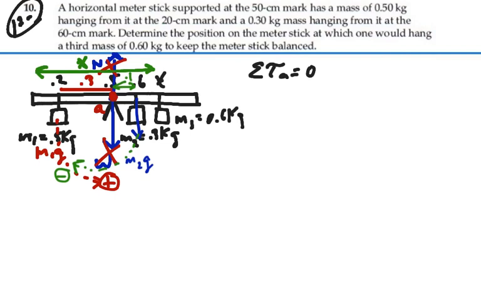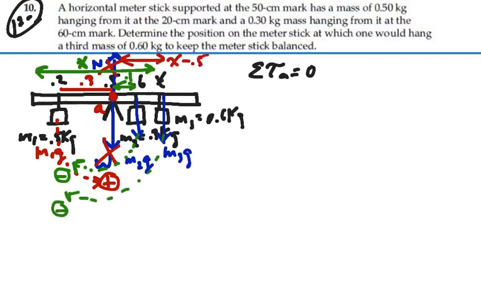And then we have this third torque, which would be M3G, and that's trying to make this thing rotate clockwise as well. That would be a negative torque, and its moment arm is going to be this distance right here, which is going to be equal to x minus 0.5.